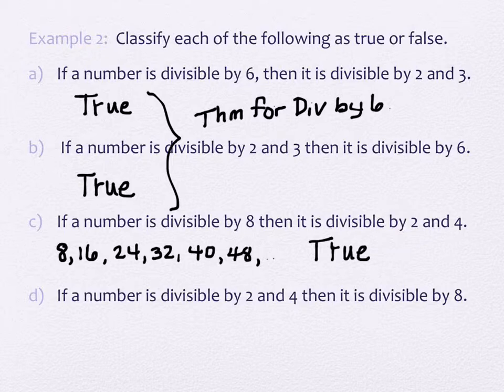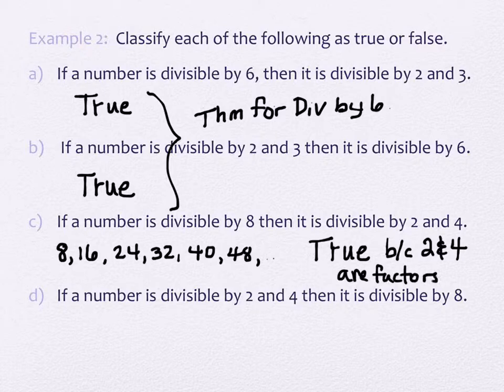And the reason, again, it doesn't actually tell us to say this, but the reason is because 2 and 4 are factors of 8. It doesn't look like "of." Pretend like that says "of." Factors of 8.